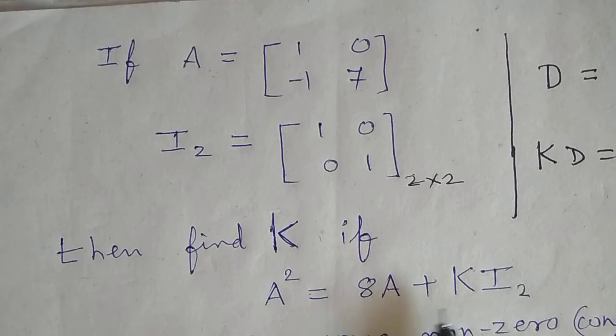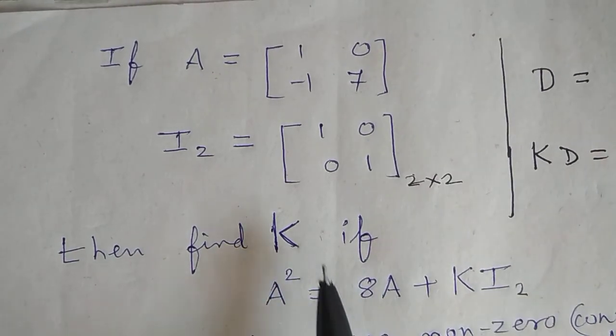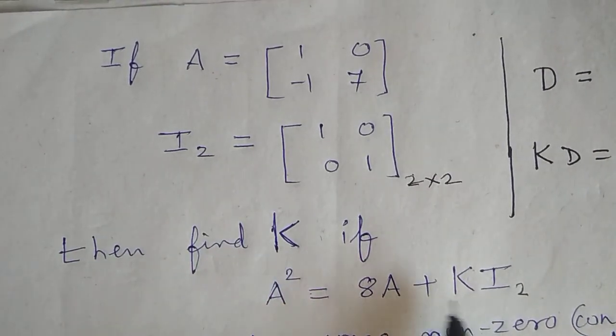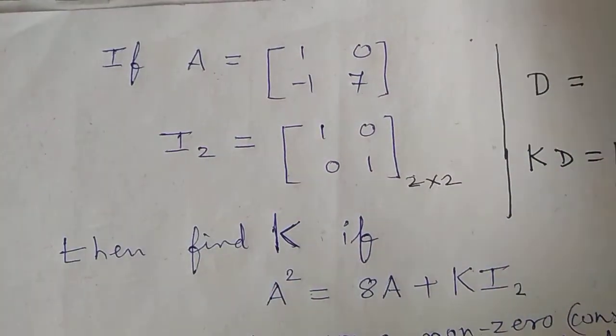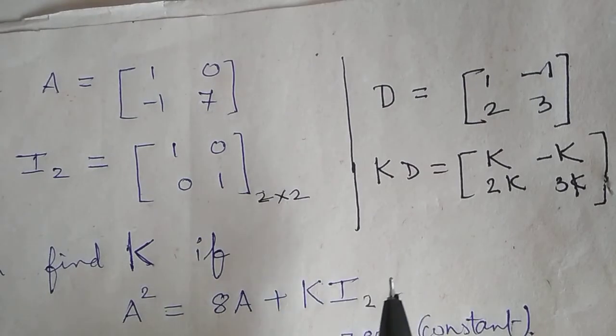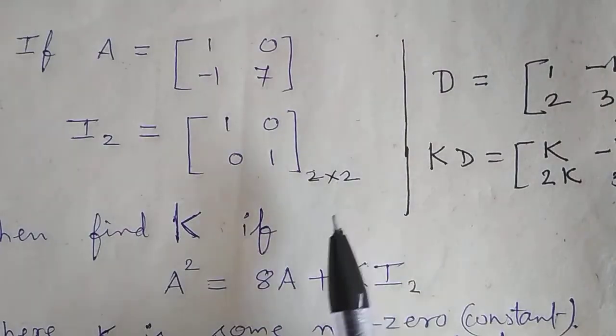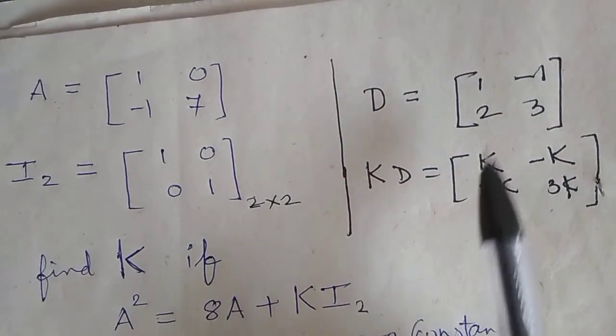Let's go through once again. A squared is equal to 8A plus k times I2. What should be the value of k to satisfy this condition, such that A is this and I2 is this? We have also seen the scalar multiplication of a matrix with a scalar quantity, and I have taken an example.